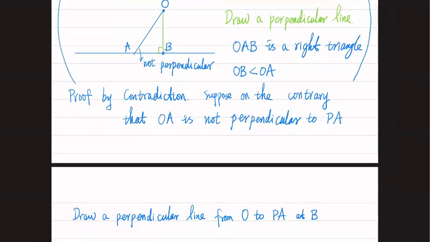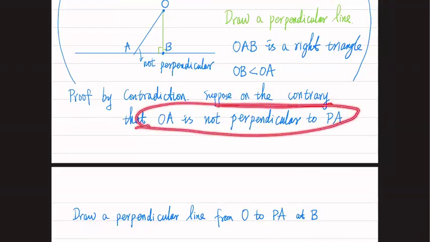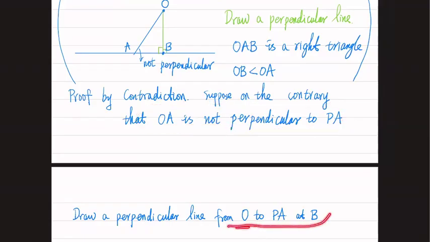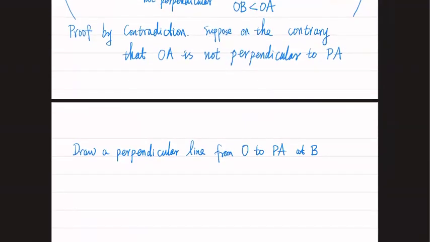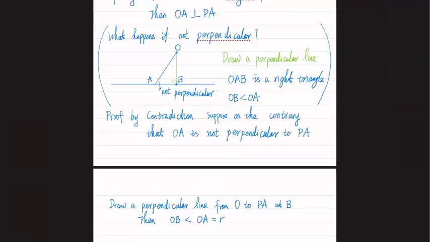Because we are working on the assumption OA is not perpendicular, we can draw OB perpendicular, so OB is less than OA. Okay, so this is the picture we had over there. It's not perpendicular. We draw a perpendicular line, then OB must be less than this.